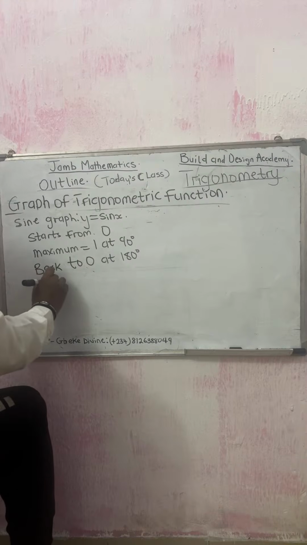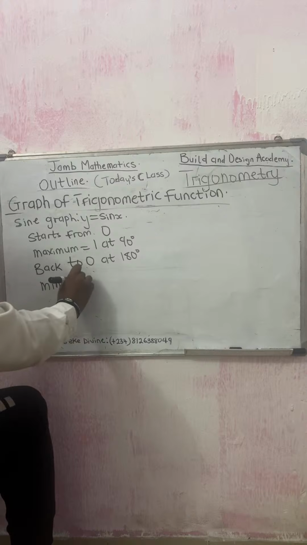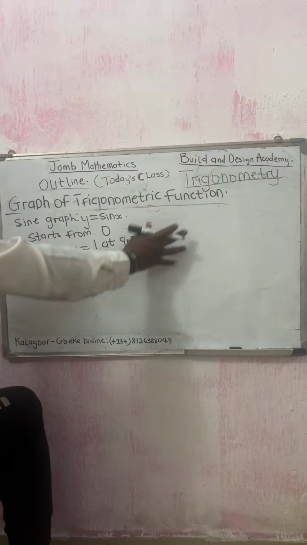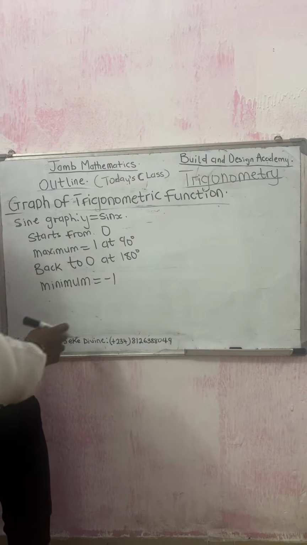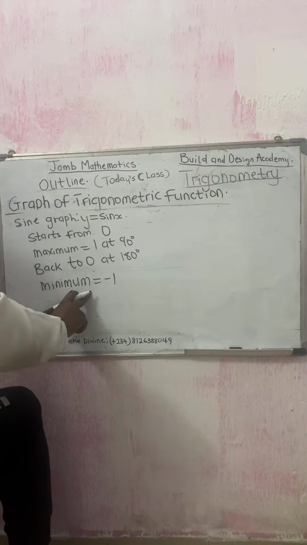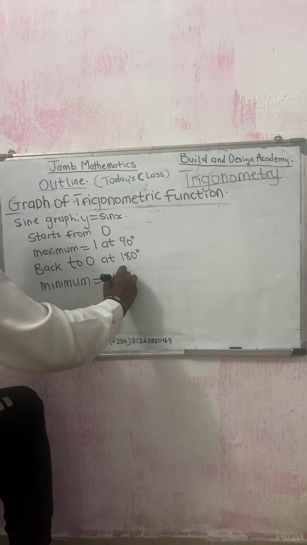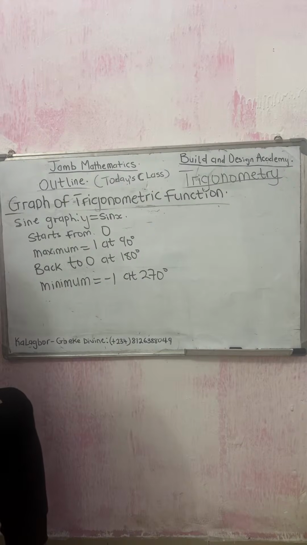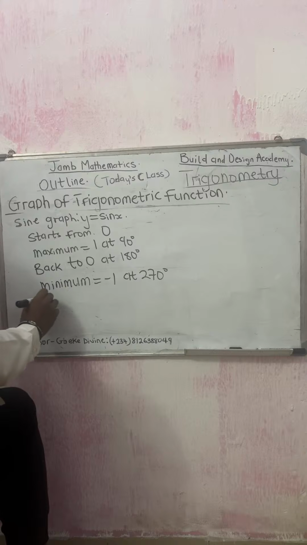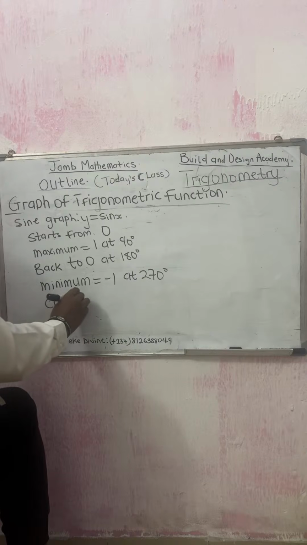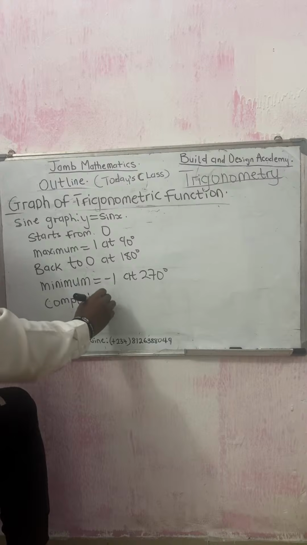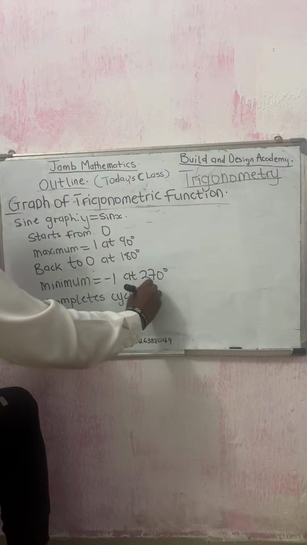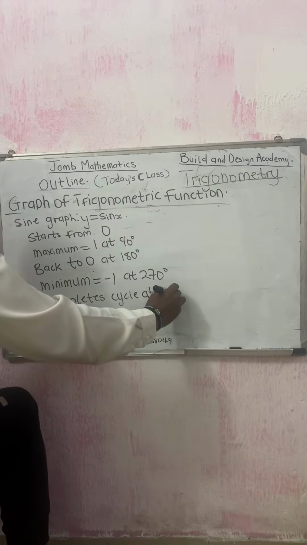Then for the minimum, you know my graph was not drawn to scale, so it might not be accurate in terms of scale, but the diagram is very correct. The minimum is -1 at 270 degrees, and it completes the circle at 360 degrees.